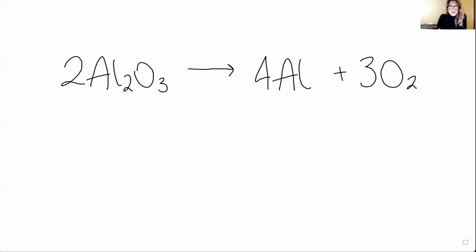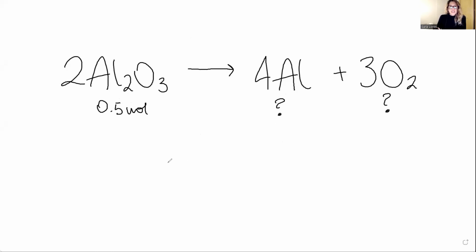So let's look at this equation that has, as you can see, balancing numbers in front of each component. Let's say that we have 0.5 moles of aluminum oxide, and we want to find how many moles of aluminum and oxygen will be formed.